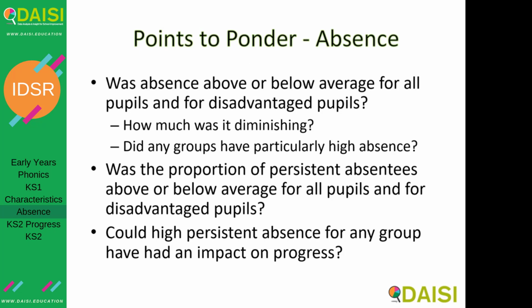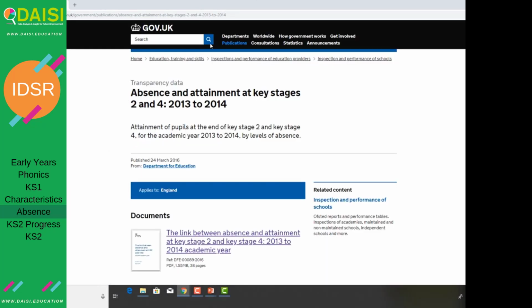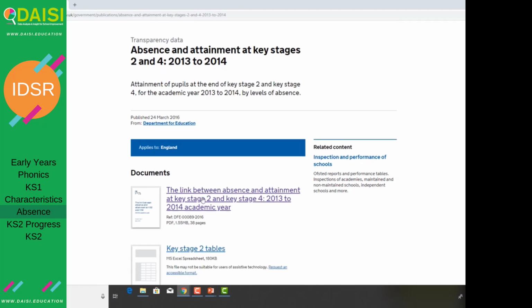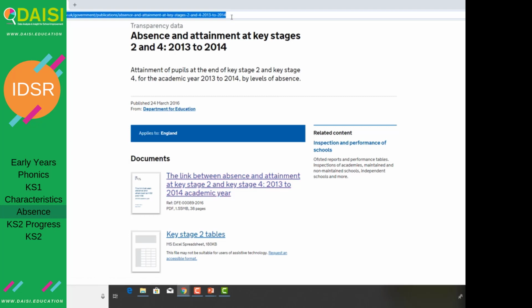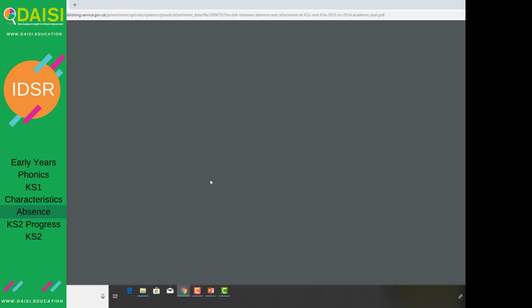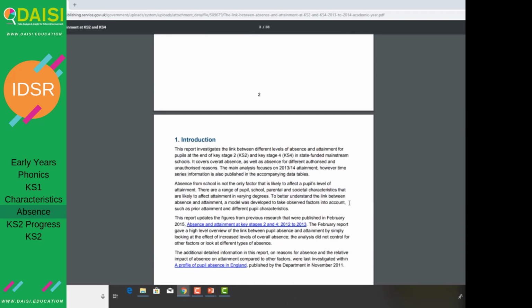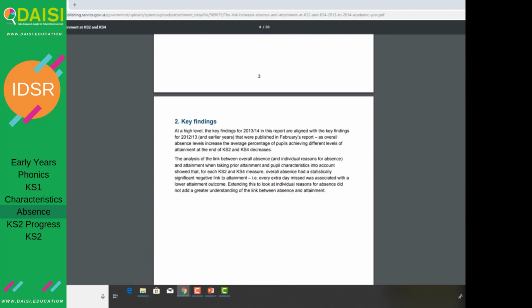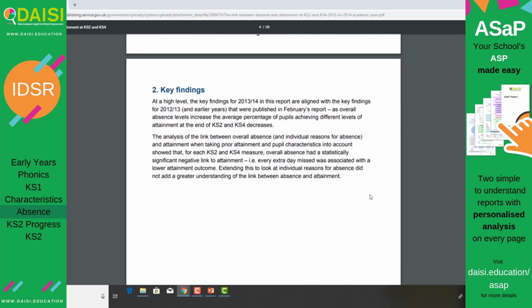According to official DFE publications, here is one linking absence and attainment at Key Stage 2 between 2013 and 2014, and you see the URL at the top of the screen if you do want to read this report for yourself. Its main conclusion is that there is a statistically significant negative link to attainment.